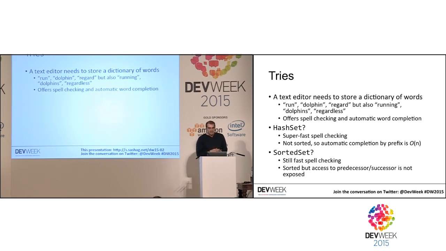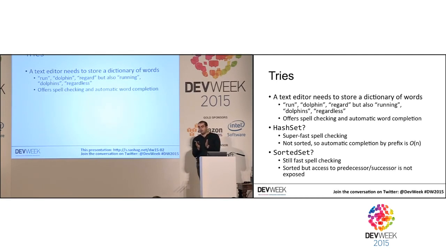Regardness, maybe. So we need to store a dictionary of words for spell checking, but we also want an IntelliSense-like completion facility. So if the user types dolph, we'd like to offer a list of completion options. So we need some way of searching words by prefix, right? So two basic operations are required here. First, spell checking.